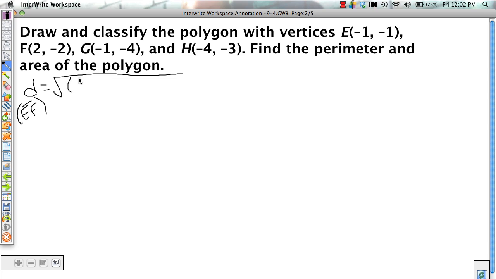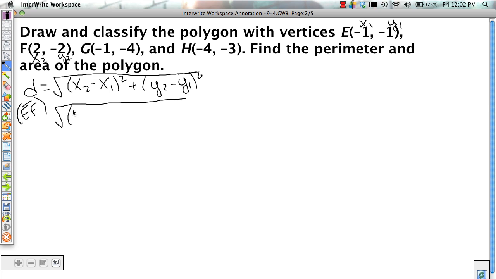So when we remember our distance formula is x2 minus x1 squared plus y2 minus y1 squared, and here's E, x1, y1. Here is F, x2, y2. So now we can substitute in. Remember to include your square root. A lot of students are forgetting that, and it's messing you up in the end.